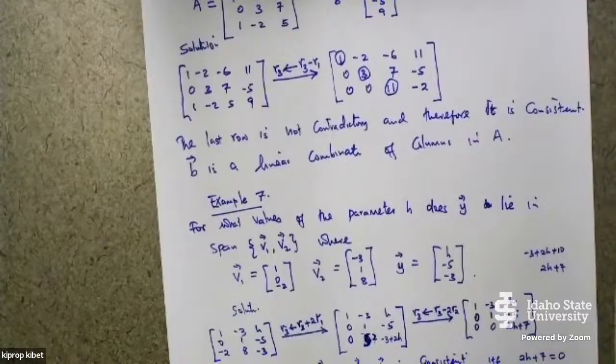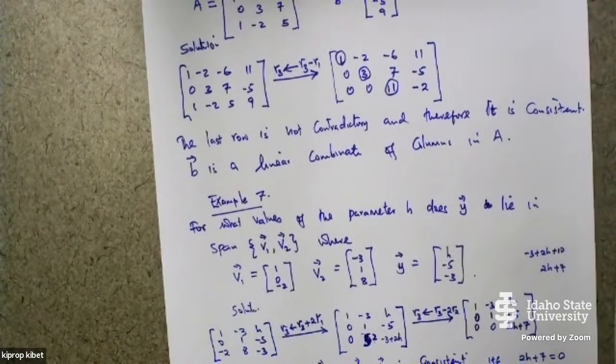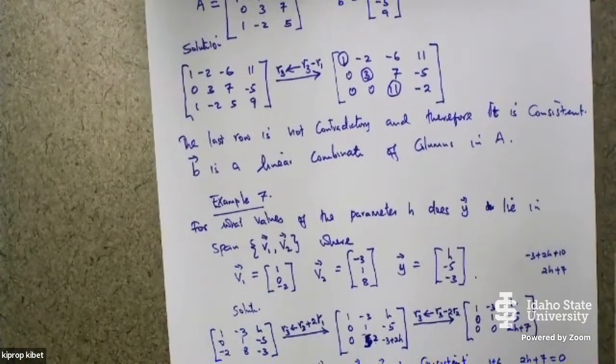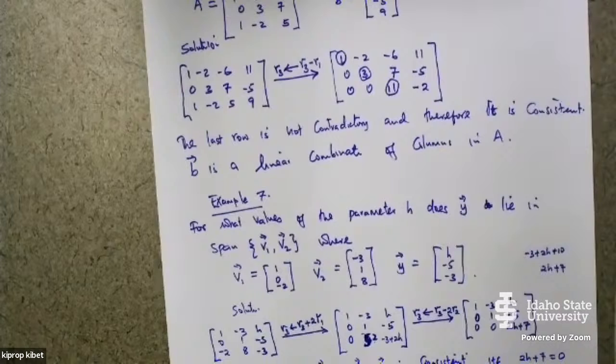So our h should be equal to -7/2. Therefore, when h equals -7/2, the vector y is in span v1, v2.